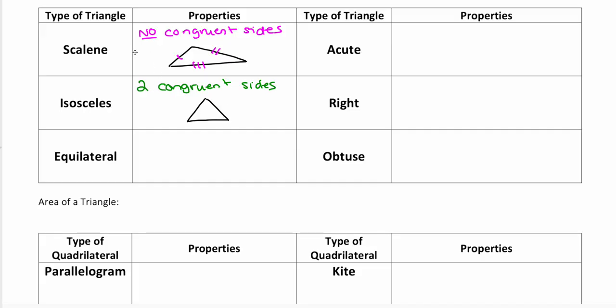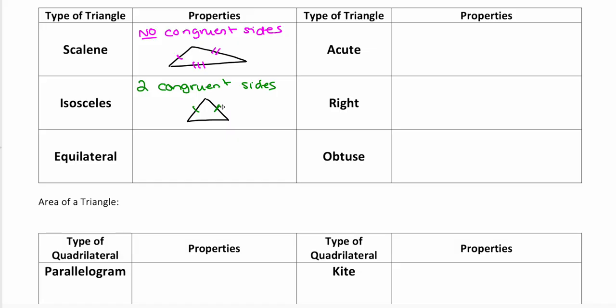In order to have two congruent sides, you have to have two sides have the same amount of tick marks. So if I put one tick mark on this left side of the triangle, I need to put one tick mark on another side. So I'll put one tick mark on the right-hand side. Both of those sides have one tick mark, therefore they are the same length.